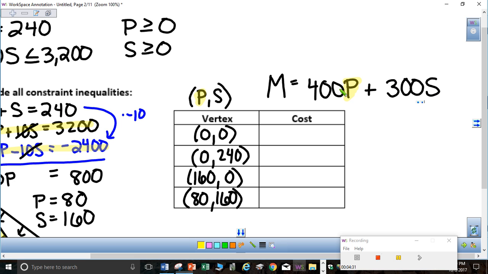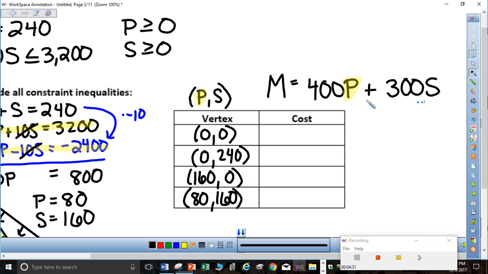One of the most common mistakes I see on this is that your variables are switched, and so students will plug the wrong number into the wrong place, which is really a bummer, because if they've done all the other steps correct up until that point, they may still end up with an incorrect answer.